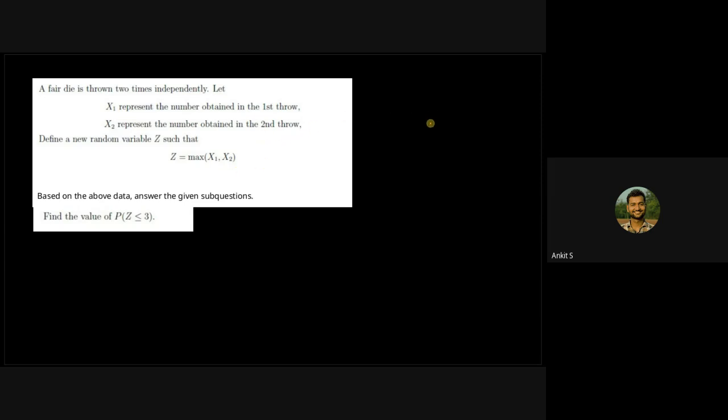We can take every value from 1 to 6, and then we will consider the case when the maximum would be 3. So we will have cases like 1, 3; 3, 1; 2, 3; 3, 2; 3, 3. It means neither x1 nor x2 can go beyond 3.